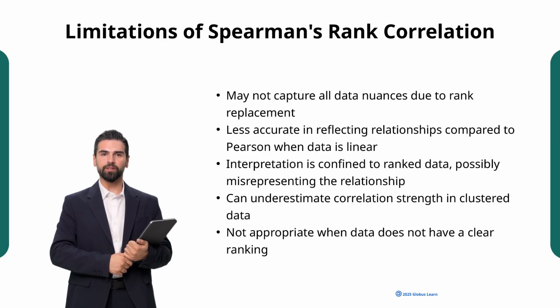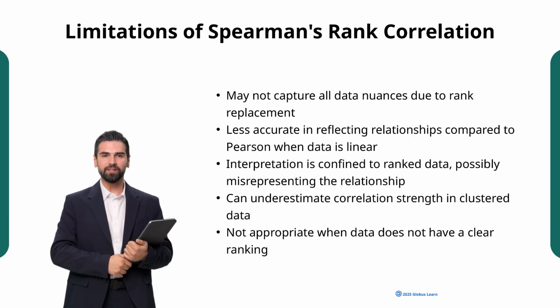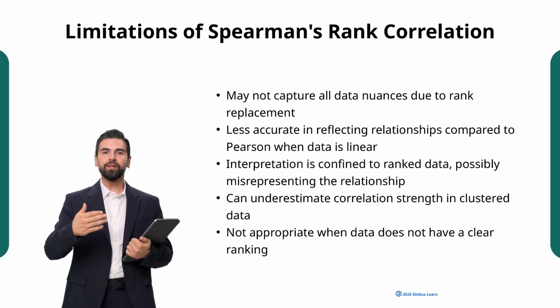If the data points are so varied that ranking feels arbitrary, Spearman might not give you the best picture of the relationship at hand. Moreover, if the variables reveal a linear trend, meaning they correlate nicely in a straight line, Spearman can be less accurate compared to Pearson's method. This places limitations on its use cases.